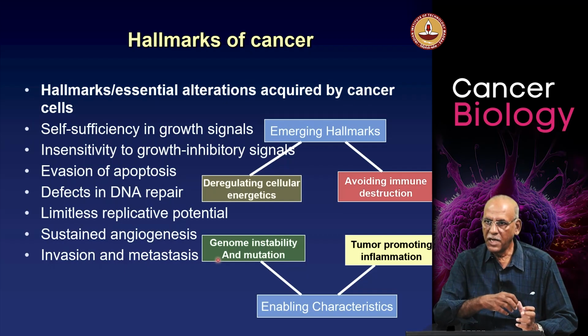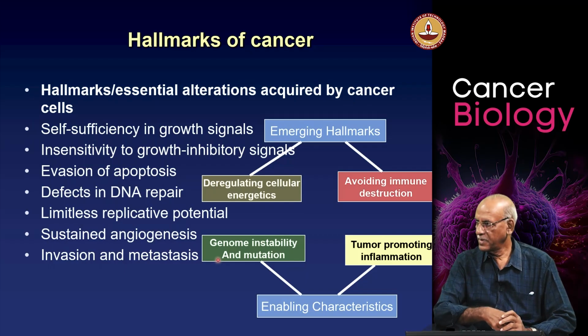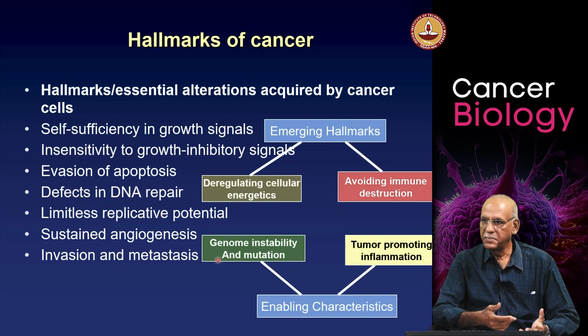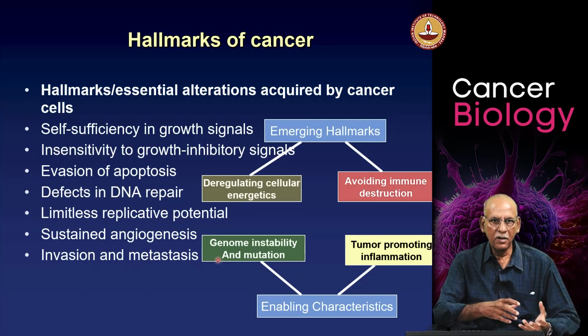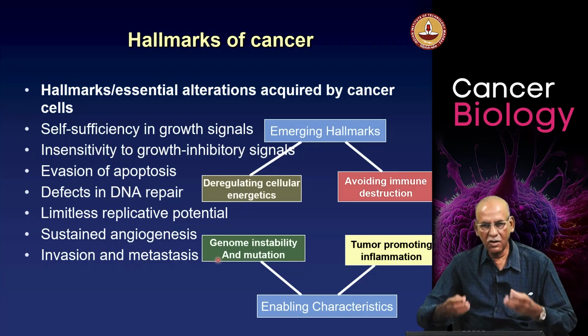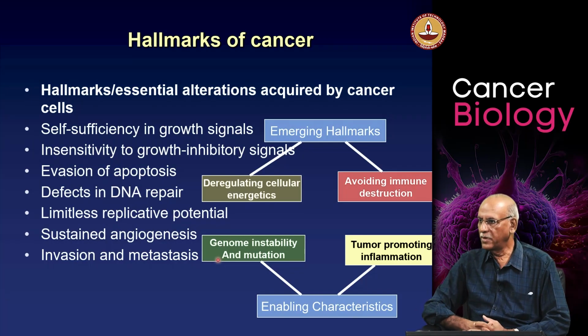So, multiple genes are affected, many genes are affected, and so which gene will you treat? If you start treating them, then you are also affecting the normal genes. This is why almost all of the chemotherapeutic agents have side effects. Although we are giving them to treat or to kill cancer cells, they do affect normal cells, but in less proportion.